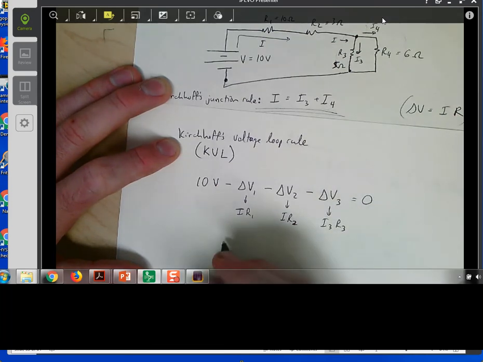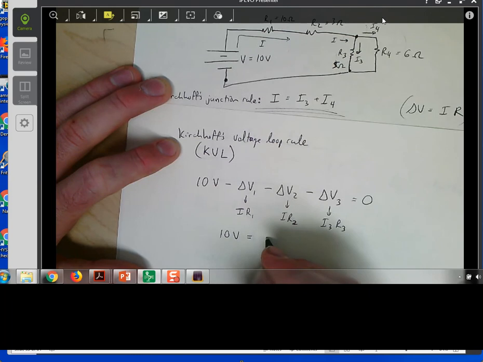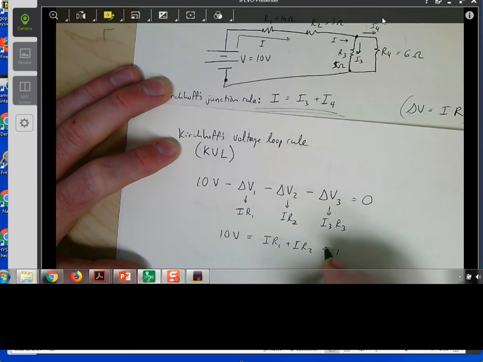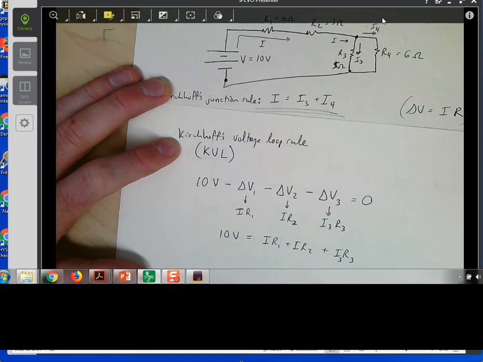So finally, putting this all together, we have 10 volts equal to IR1 plus IR2 plus I3 R3.